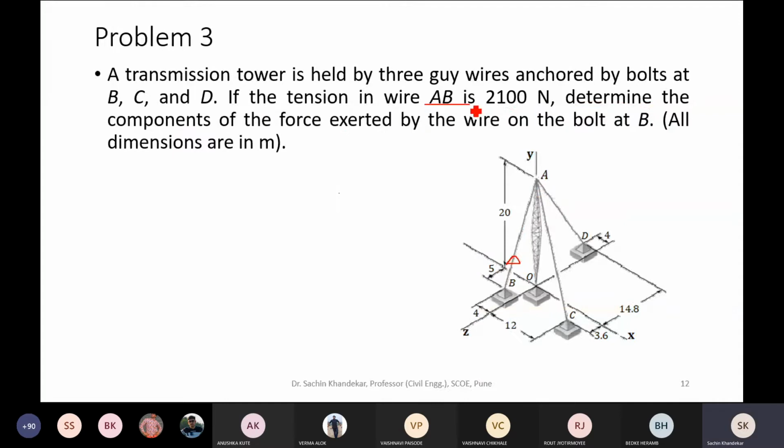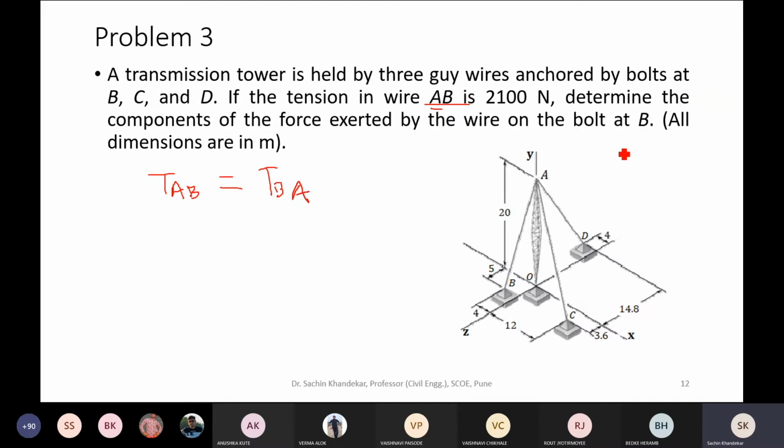Even though it is mentioned in this problem that, see here, if the tension in the wire AB is 2100 Newton. So in short, the tension in wire AB must be equal to TBA in magnitude. Please note that. So tension in wire AB is equal to tension in wire BA. Okay, their magnitude is same.